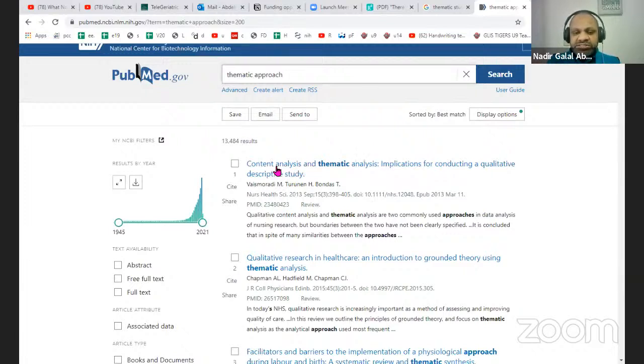Let's say I took this first article and put it in my new paper as a reference. This is when I'm citing or referring to this paper. So the more people citing or referencing your paper, the more impact your paper has.